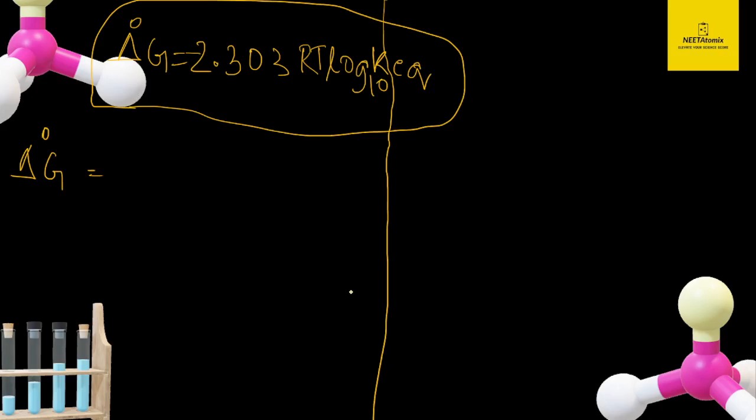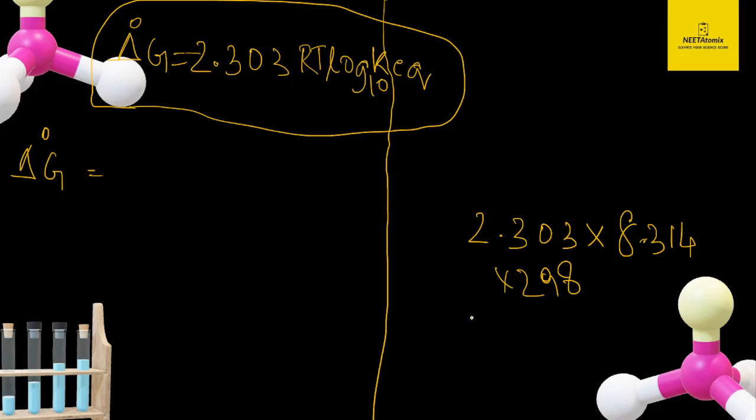So delta G naught, if we substitute the values, they gave 2.303 into 8.314 into 298, which is the temperature value, as 5705. This is the standard value.